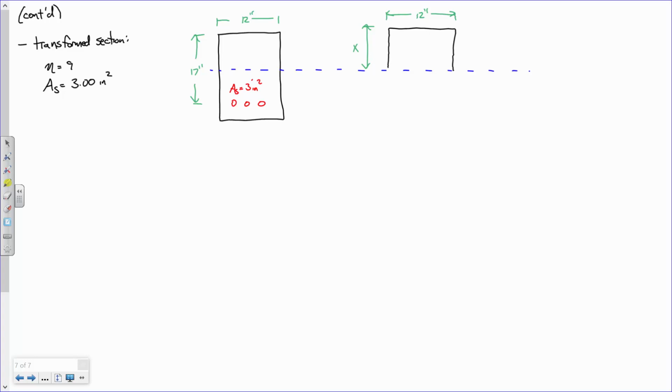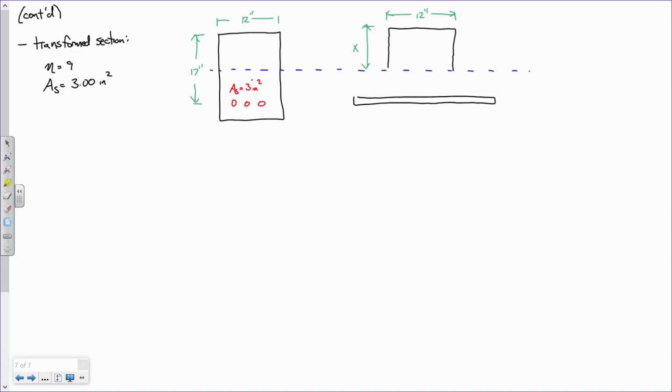Now normally what I would have is just some rebar right here, but I am going to replace that rebar with an equivalent lump of concrete. I'm drawing this as a thin rectangle, but really what I'm saying is I have a singular value of concrete right there. We don't really know the dimensions of this rectangle because the dimensions don't matter.